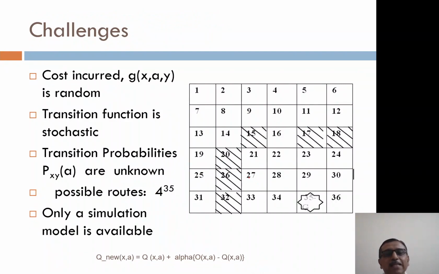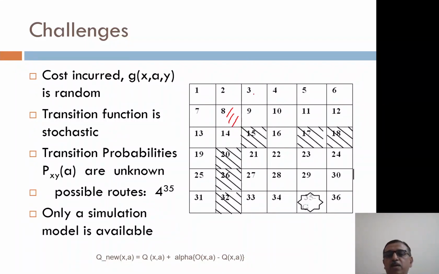So what are the challenges here? The cost incurred could be random. There could be some block where the cost is random. It's not a very permanent block. Sometimes it's a bad road, sometimes it's a good road. The transition function is stochastic. In the simple example which I will be considering, I will assume the transition function is deterministic.